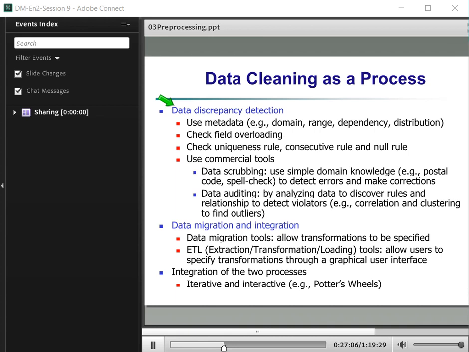In some databases, in some cases, when the database is created, for each feature, the designer of that table or that database adds some metadata. Metadata means data about data.